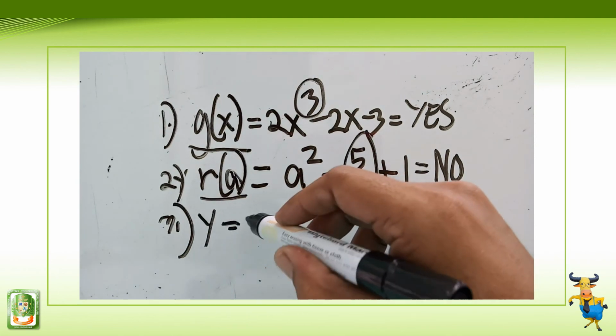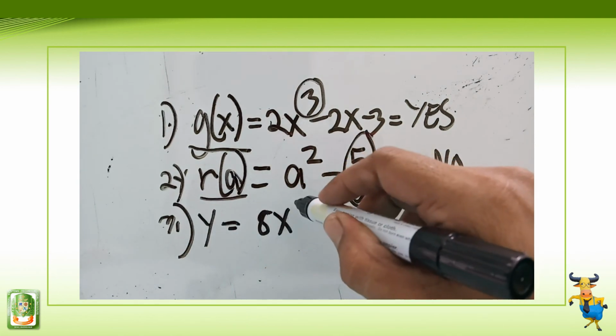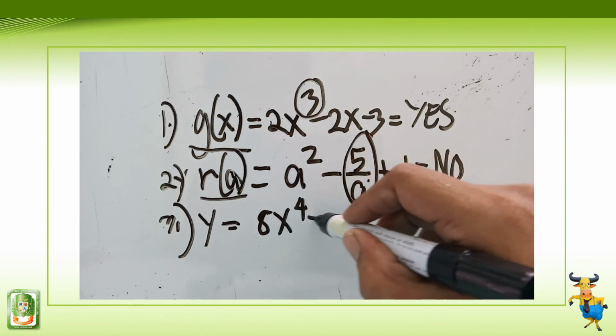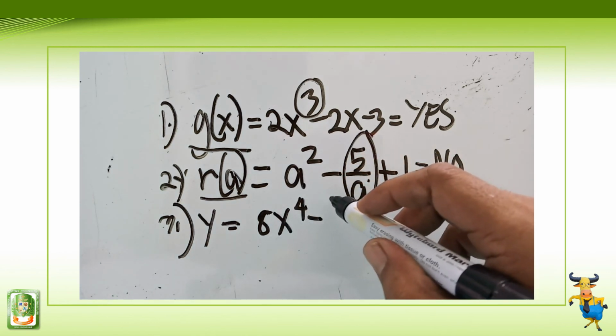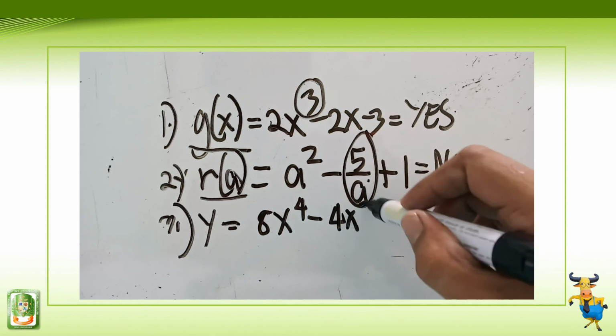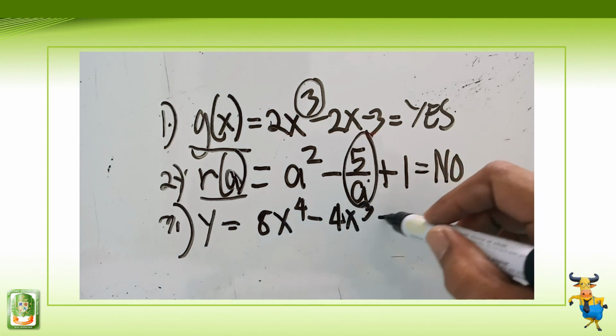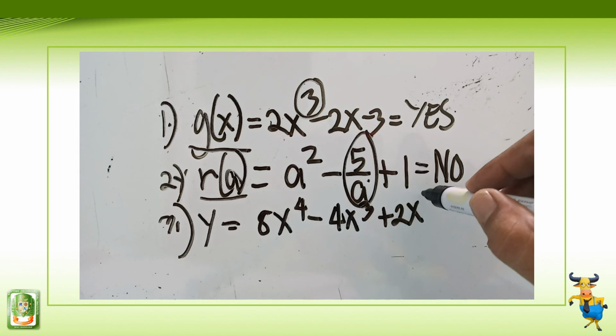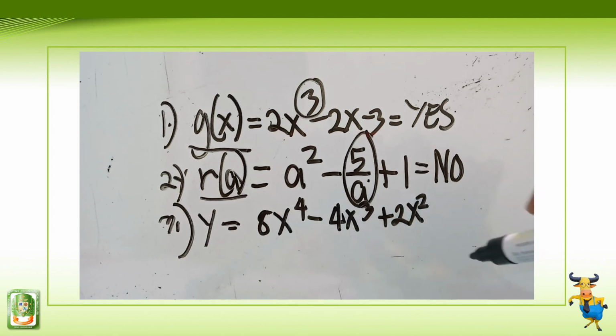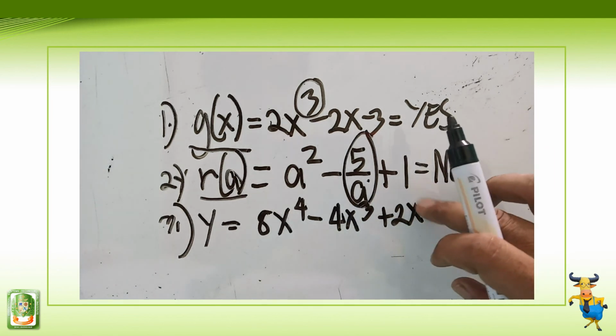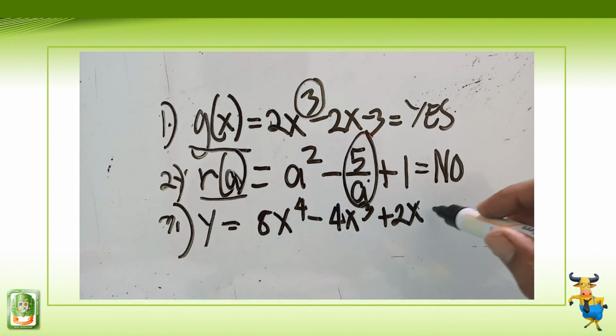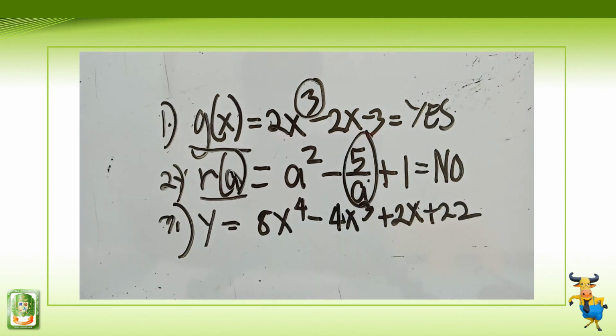So number 3. y is equal to 8x raised to 4 minus 4x raised to 3 plus 2x raised to 2 plus 2x plus 22. The question is, is that an example of a polynomial function? Yes or no?